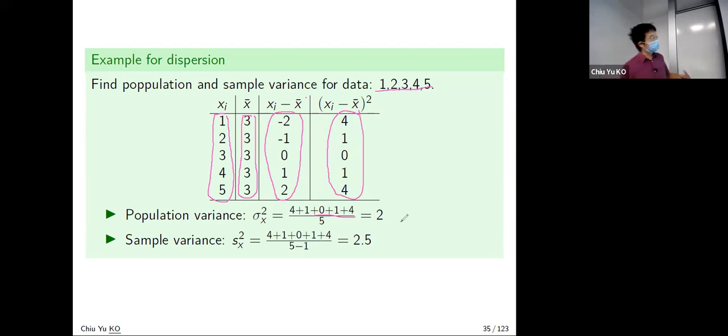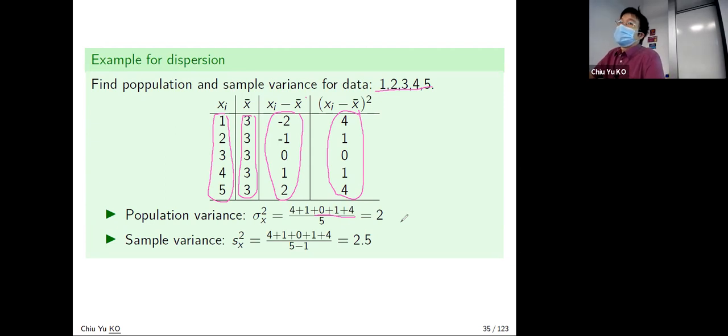So this gives you the idea that the sample variance is always bigger than the population one, okay? Because one is divided by n, one is divided by n minus 1, okay? So I hope this is something you learned very well in your high school. It shouldn't be an issue. You just need to remember that the population and sample variance are different. One is divided by n, one is divided by n minus 1.